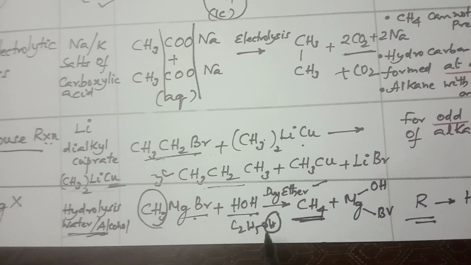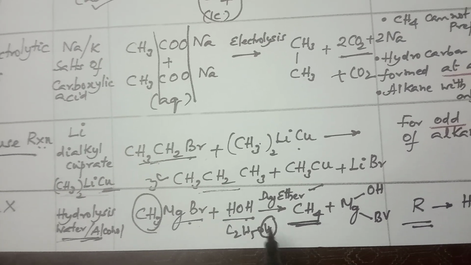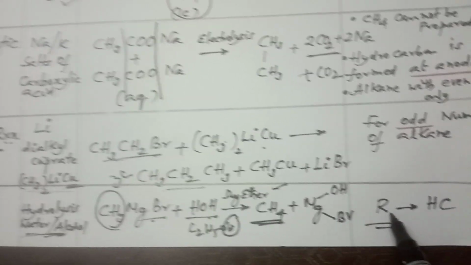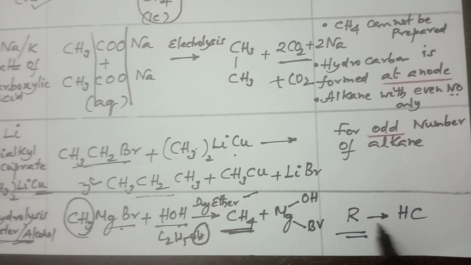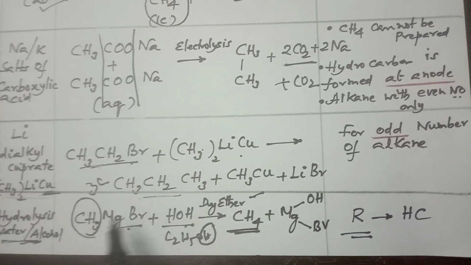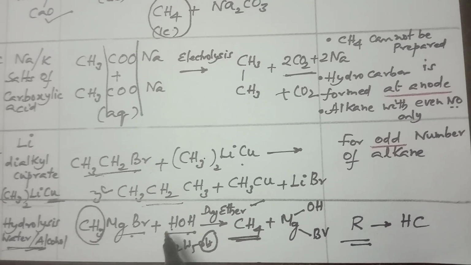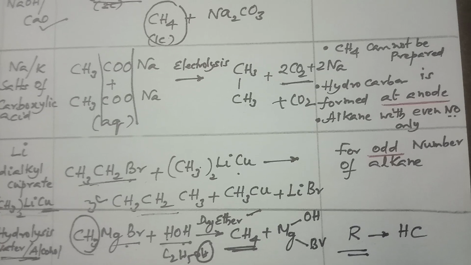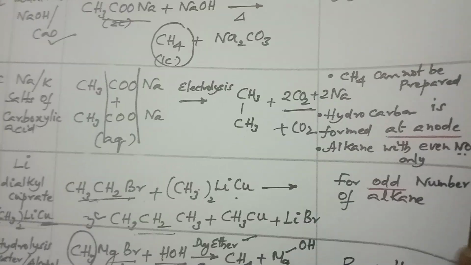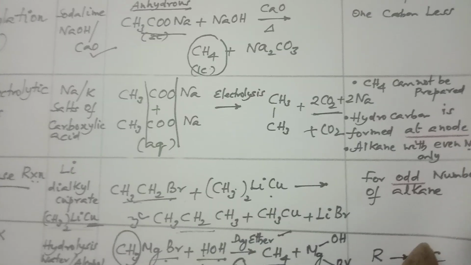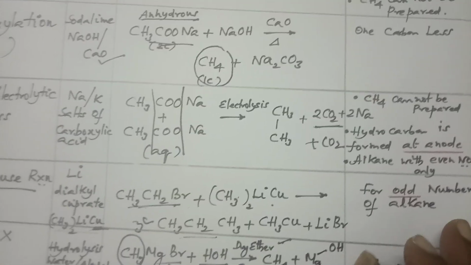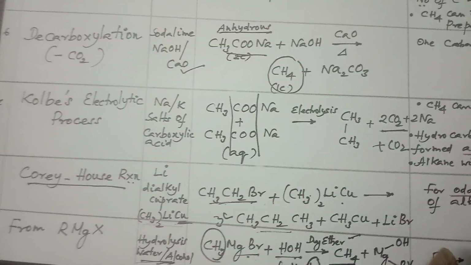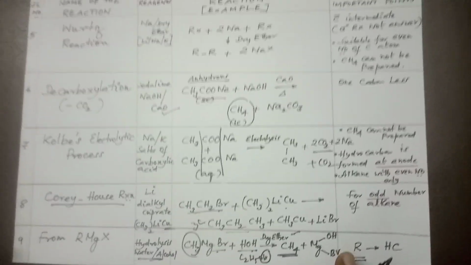So the knowledge is that the R of RMgX comes out as a hydrocarbon. Methyl gives methane, ethyl gives ethane, propyl gives propane. Don't worry about that, whichever alcohol is given, the preparation of alkane is over, children. Like that you have to prepare the chart for alkanes. I will upload the following videos for everyone.